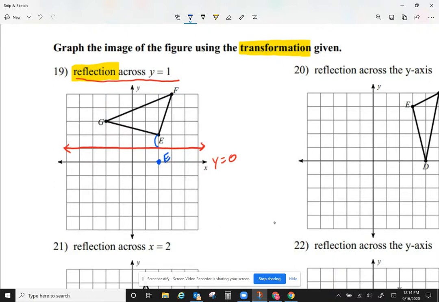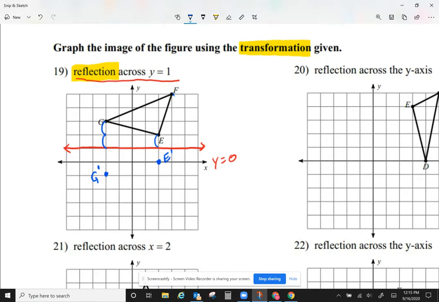This is my point E prime. If I count the spaces from my point G toward the mirror line, there's two spaces, so it should have two spaces on the other side. Once again, on the other side of the mirror line, not the axis, the mirror line. So that's my point G prime.